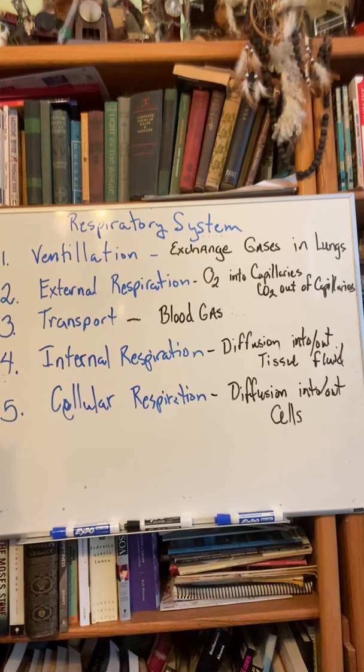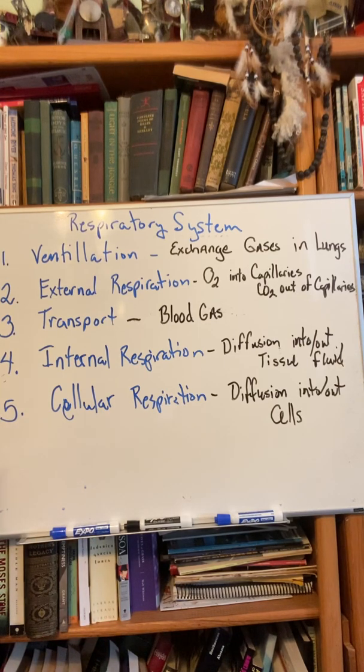You have a high partial pressure, a high concentration of oxygen in the atmospheric air. But as it moves into the capillaries, that partial pressure drops, right? So you need to change out the air so that it continues flowing into the oxygen-depleted blood that has made its way to your lungs in the pulmonary circuit of circulation.